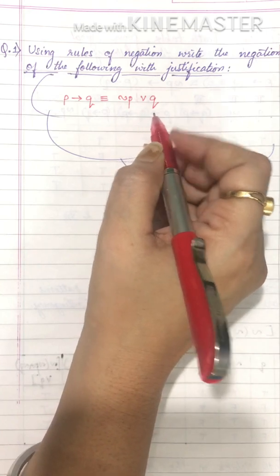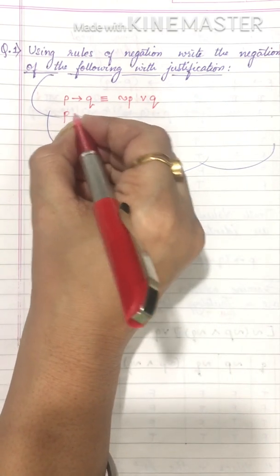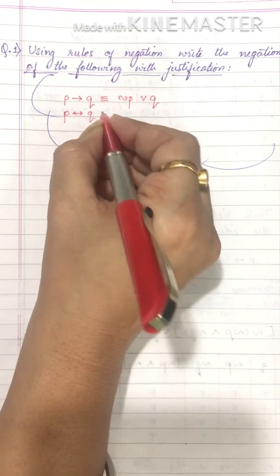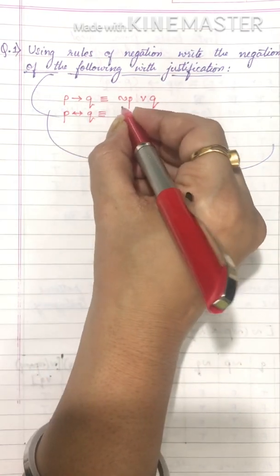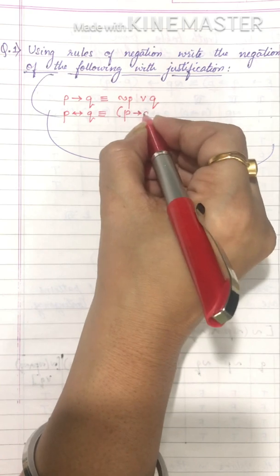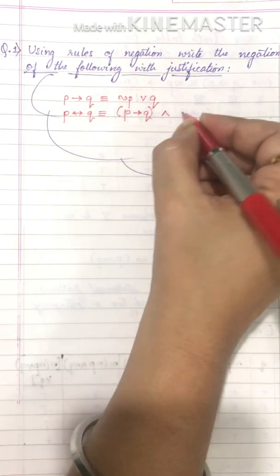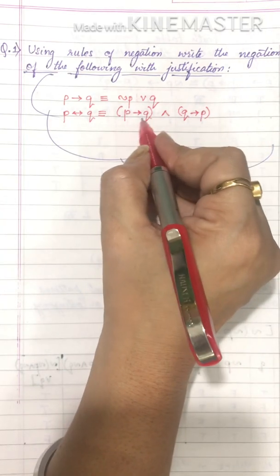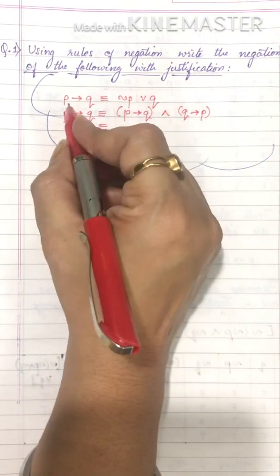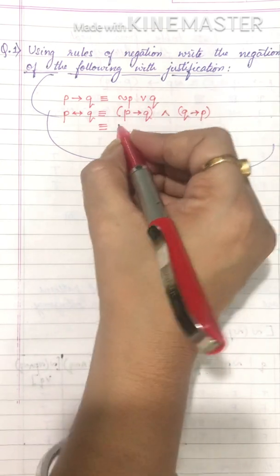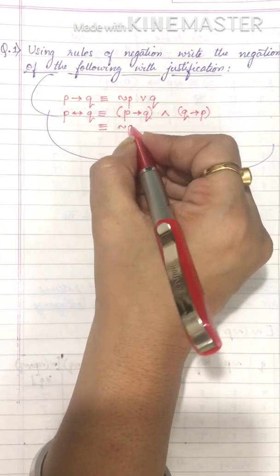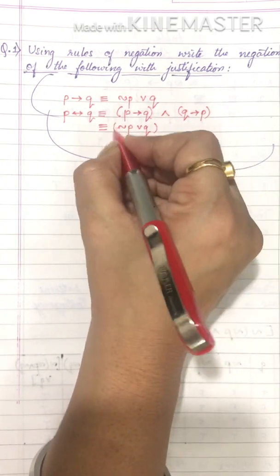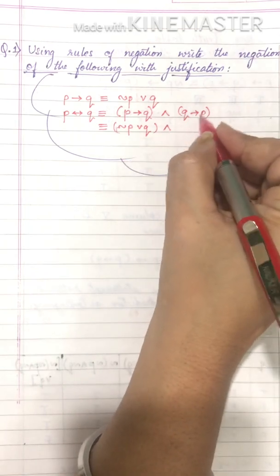This is the conditional law. And one more is P double implies Q. This gives us P implies Q and Q implies P. And then again for the first bracket we will use what we saw in the first line. So we will get here negation P or Q, and in the same way for the second bracket.